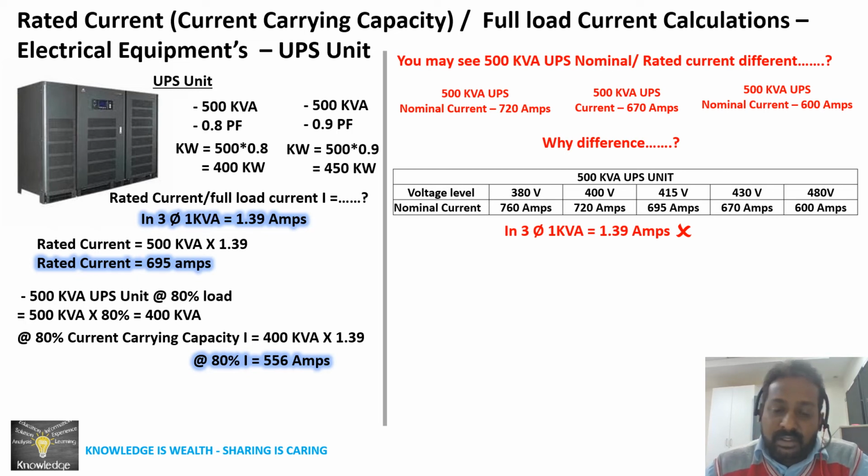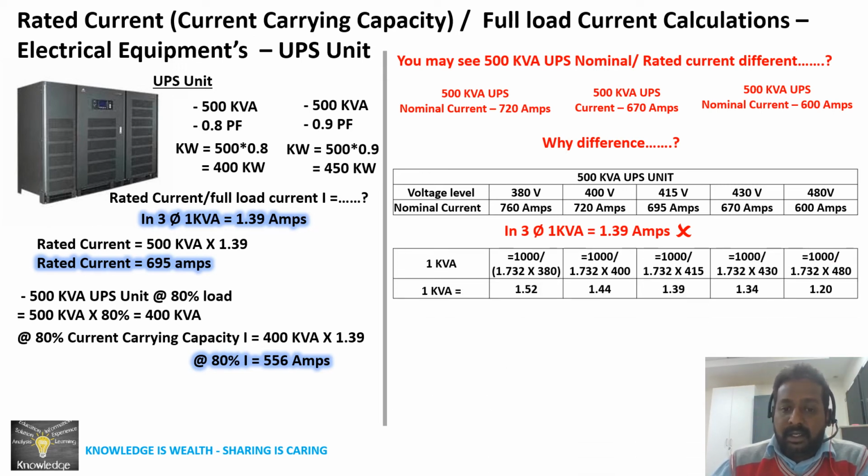So our kVA thumb rule, 1 kVA equal to 1.39, will become false. So let's derive our 1 kVA thumb rule for different voltage levels. For a different voltage level, 1 kVA is equal to 1000 divided by 1.732 into the voltage.